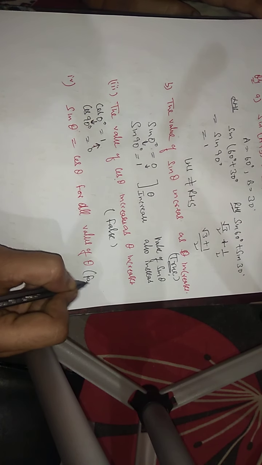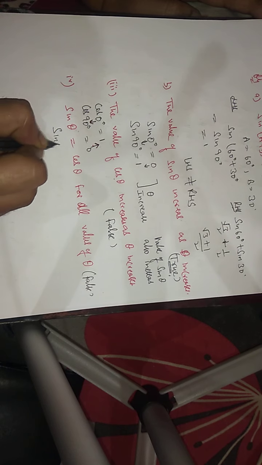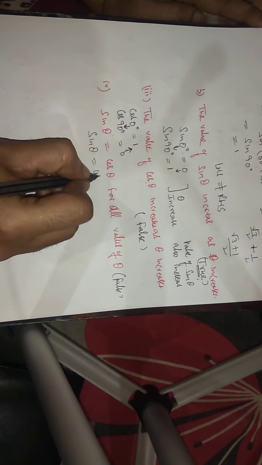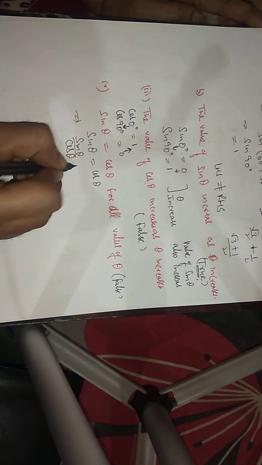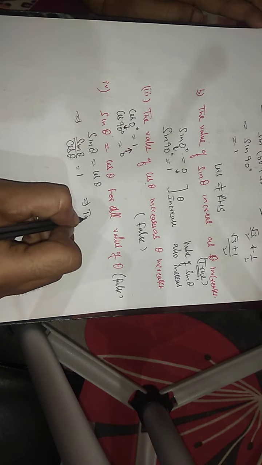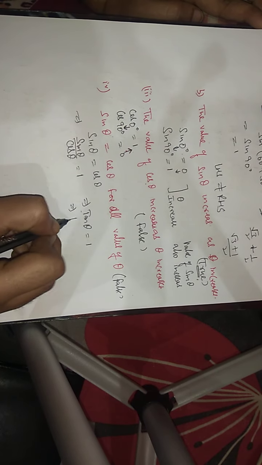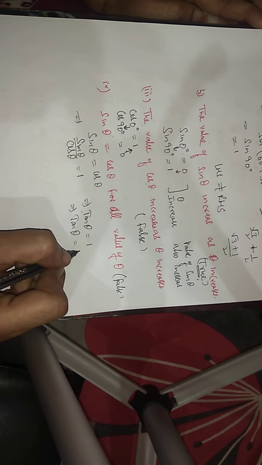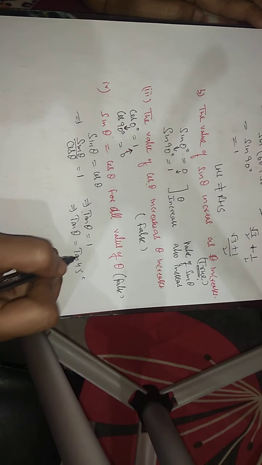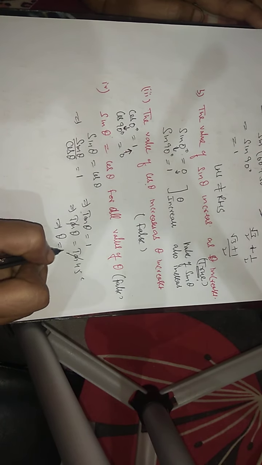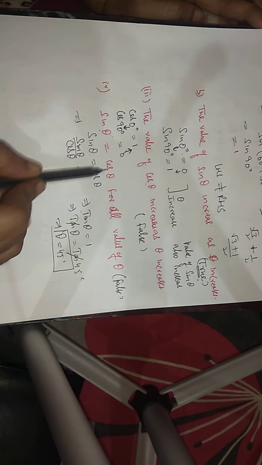This is also false, because if sin theta is equal to cos theta, it gives sin theta upon cos theta is equal to 1, which gives tan theta is equal to 1, because tan is the ratio of sin and cos, and tan is 1 only for which value? Tan is 1 for only tan 45. So theta is equal to 45. It means sin theta and cos theta are equal only for theta equal to 45 degree.